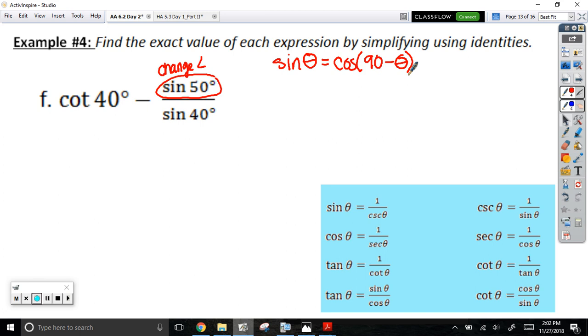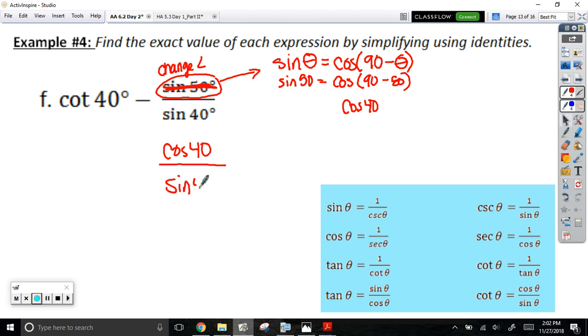So just plug in the angles. Sine of 50 will equal cosine of 90 minus 50, which will get me cosine of 40. So I'm going to get rid of this and make it cosine of 40 over sine of 40.